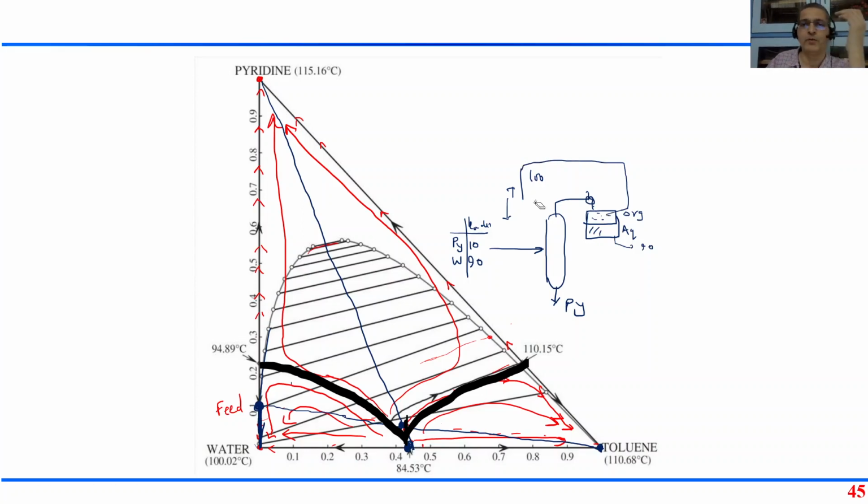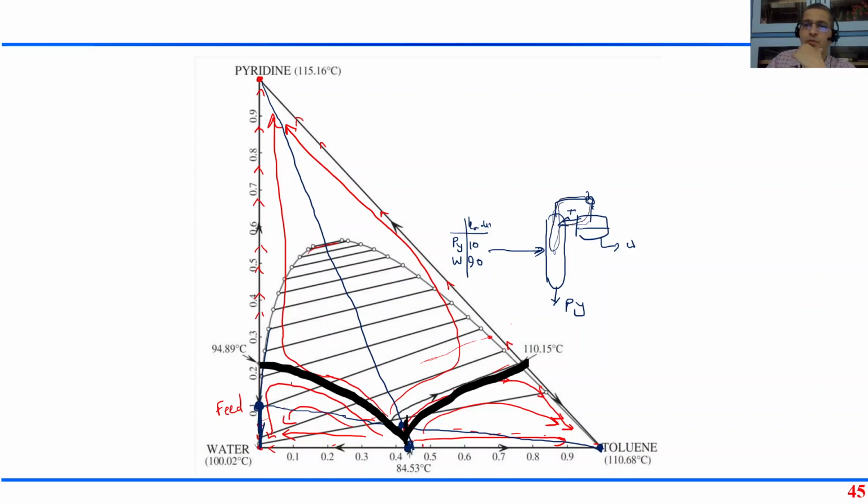And actually I don't have to add a separate mixer and mix the toluene and pyridine and water, because they are going to form heterogeneous phases anyway. They are going to form two phases. We can do this in a distillation column itself. So the decanter would be here, water would come out, and the organic phase toluene I can recycle. So the toluene keeps on going down, keeps on going up, keeps on getting refluxed.